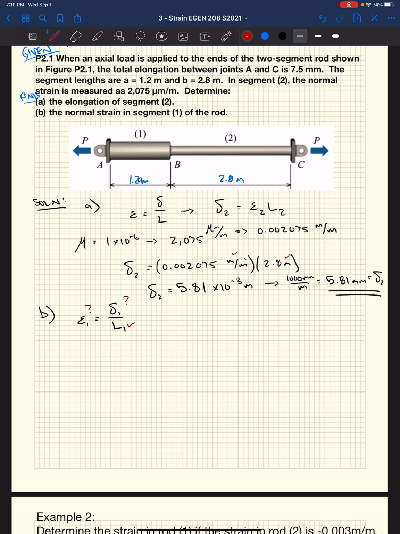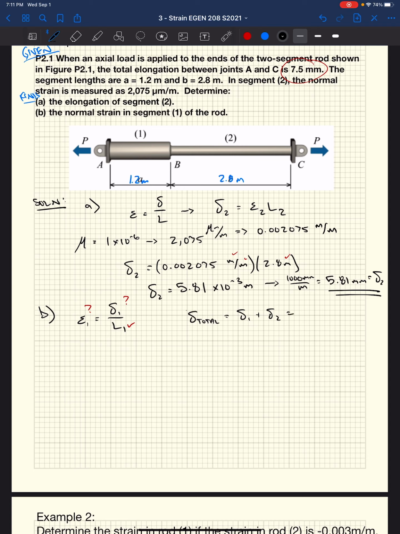But what they did give us was the total elongation between points A and C in the problem statement. So we can say that our total elongation is delta 1 plus delta 2, the total change in length of our system, which is comprised of our 2 rods.